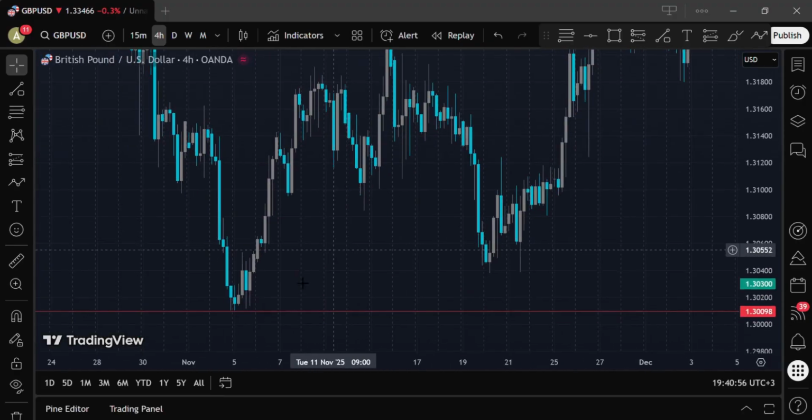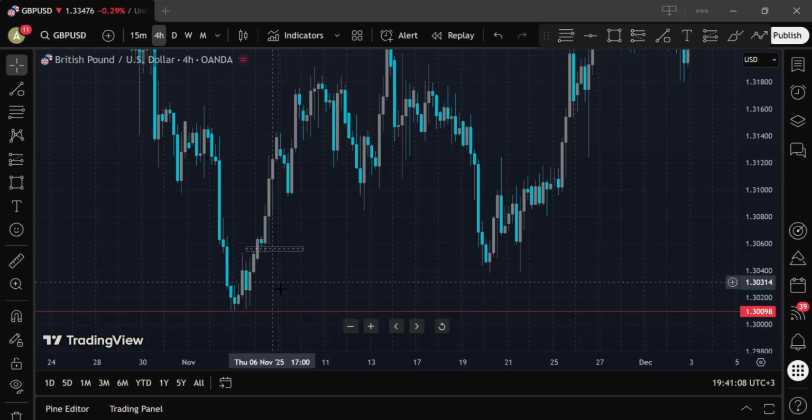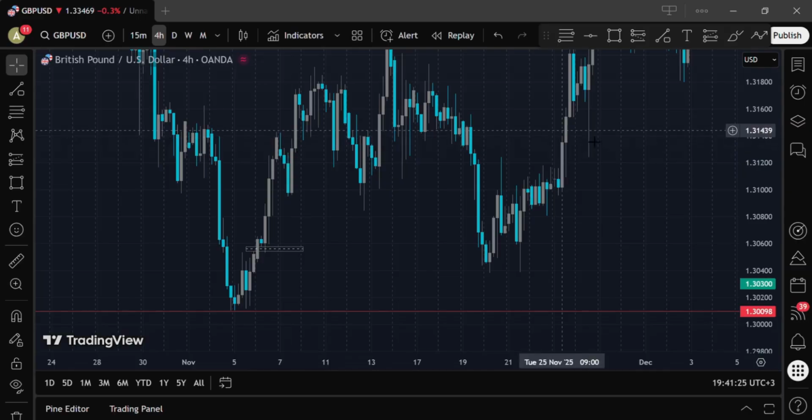When you look at this movement here, when we started, there was no imbalance until here. There was an imbalance here. When you look at this imbalance, we have candlestick number 1 here, number 2, and then number 3. Number 3 is closing below candlestick number 2. So what happened? Price came inside, filled the fair value gap, and then it continued with the direction.